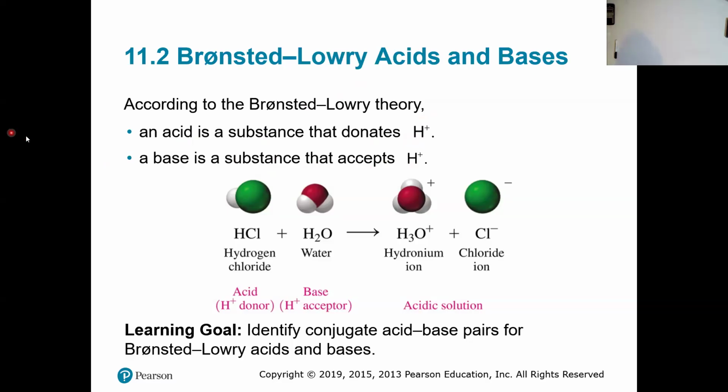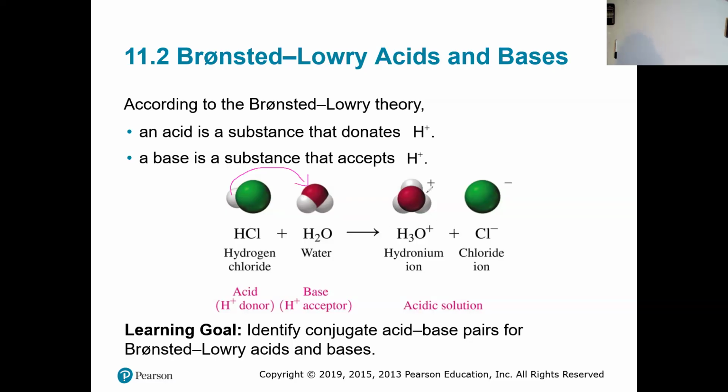In our starting reactant side over here, we have HCl and we have H2O. When these two things react, the HCl is going to donate its H plus to the H2O, and the H2O is going to accept that H plus.